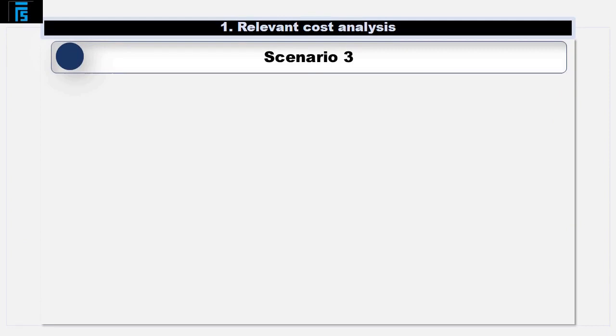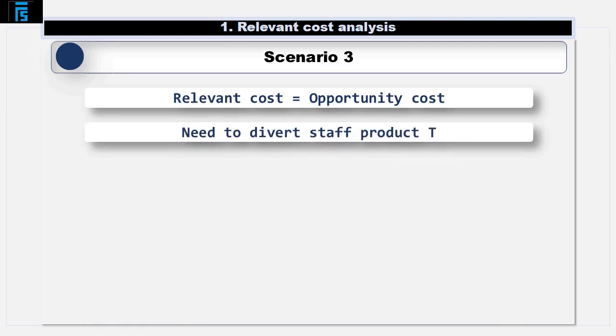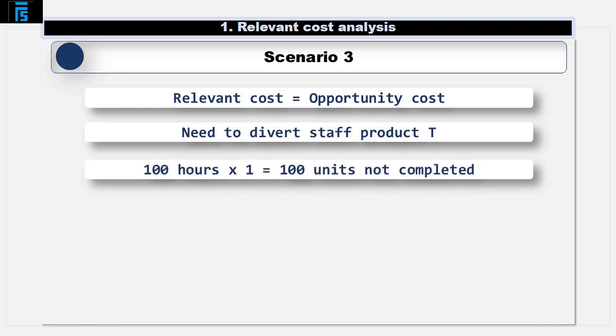In this case, the relevant cost, being the future cash flow impact as a result of undertaking the project, would be the opportunity cost of not producing product T. Staff would have to be diverted from producing product T in order to work on F Limited's other project. As 100 hours are required for the project and product T needs 1 labour hour for each unit, then 100 units of product T would not be completed.